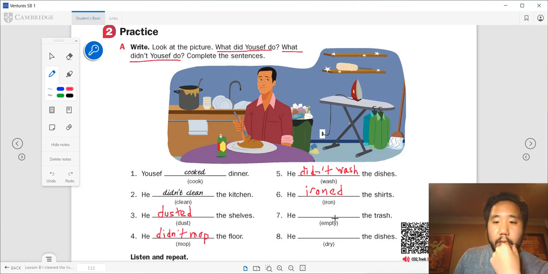Number 7, he blanked the trash. The trash is not empty, so we say he didn't empty.